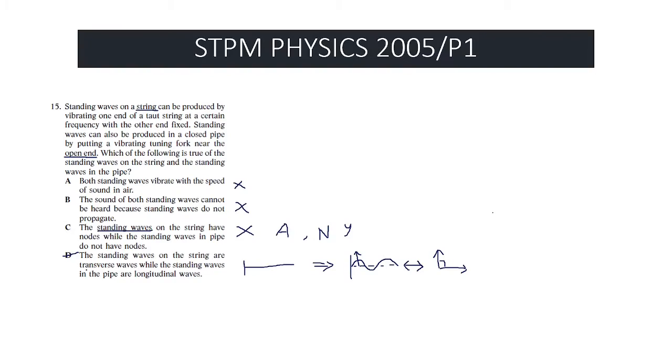So this is a transverse wave by definition, and the standing wave in the pipe is the sound wave. As you know, the sound wave is a longitudinal wave because the vibration of the particle is parallel to the direction of the wave propagation. So D is the correct answer.